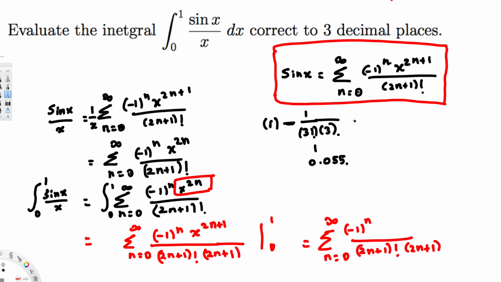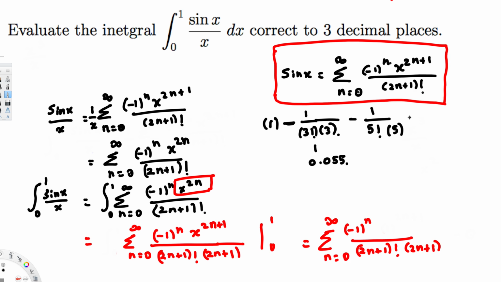Now let's look at the next term. If you plug 2 for this one, 2 times 2, that's going to be 4, plus 1, that's going to be 5. So 5 factorial, and this is also 2 times 2 plus 1, 5. So here you already see the pattern: 3 factorial, 3, 5 factorial, 5. And the next one is going to be, if you plug 3 right here, 6 plus 1, 7 factorial, 7.